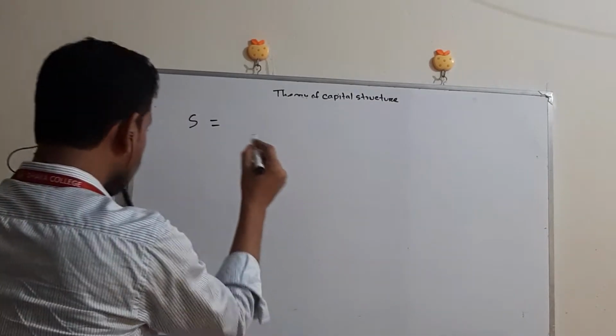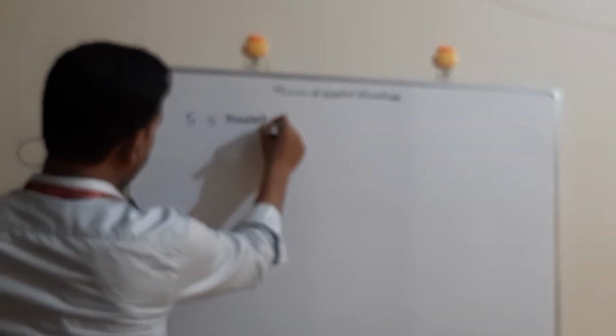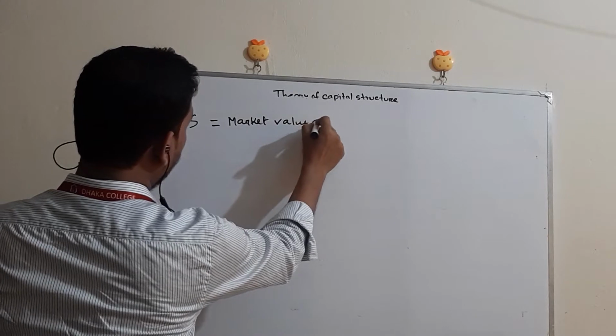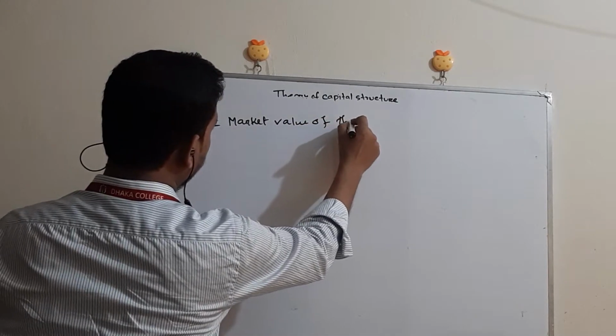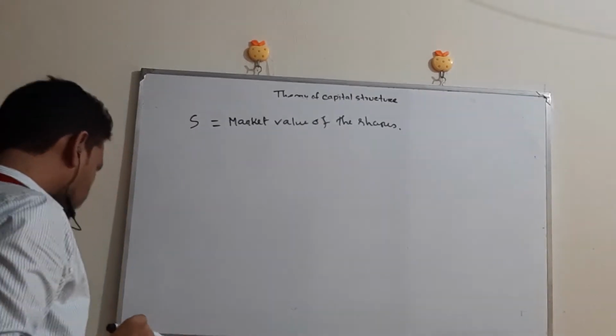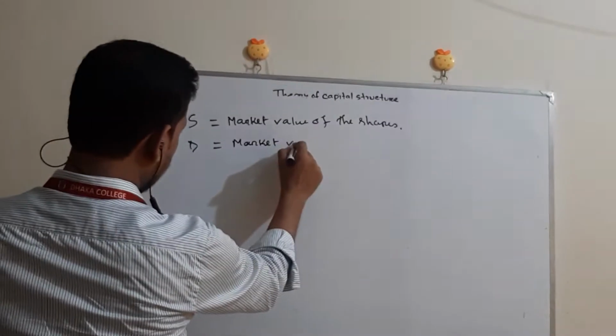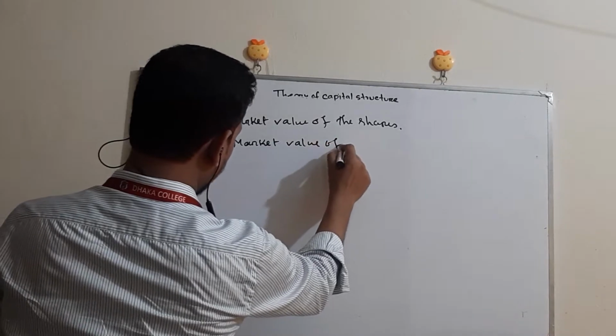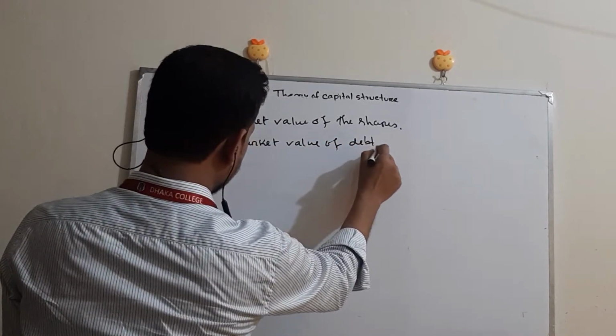S equals the market value of the shares or stock. D equals the market value of debt.